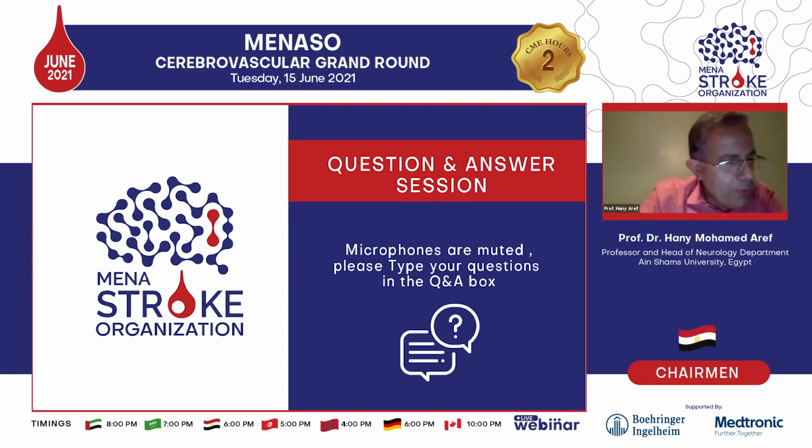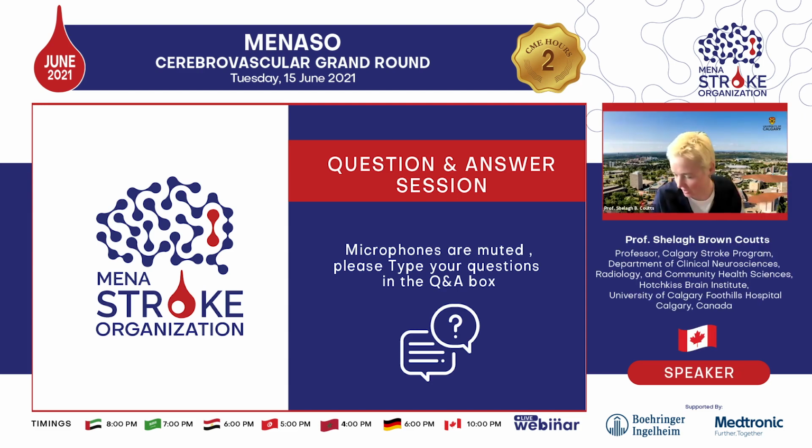And your experience, Professor Kotz? Yeah, I have a similar experience. I had a VITT case with a CVST last time I was on service. She was lucky, she did very well. Last time I did service, we had just done the elderly COVID vaccinations, so a third of patients on the stroke service had had a vaccine in the last month, but I didn't have any more patients than I normally had.